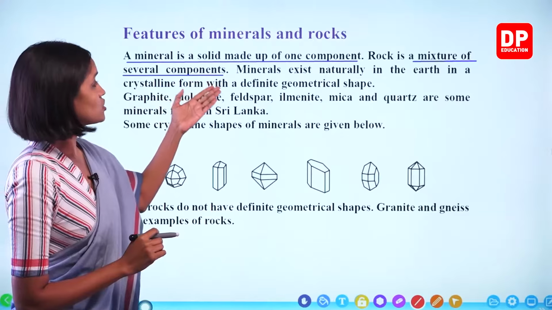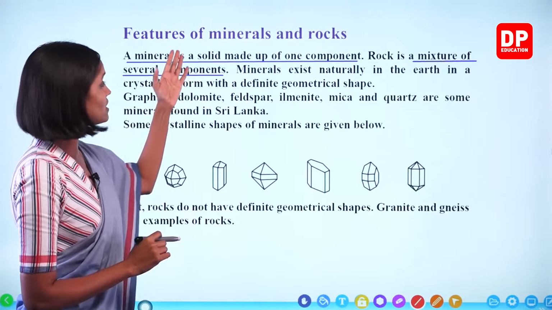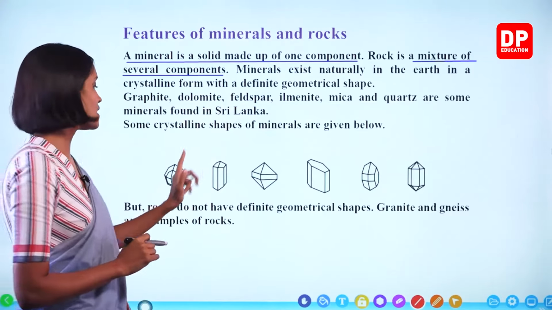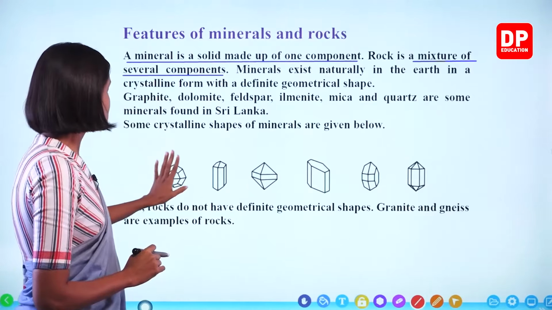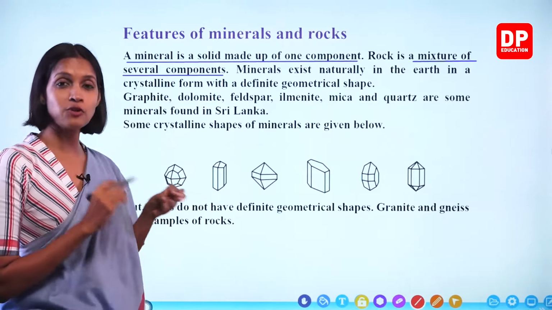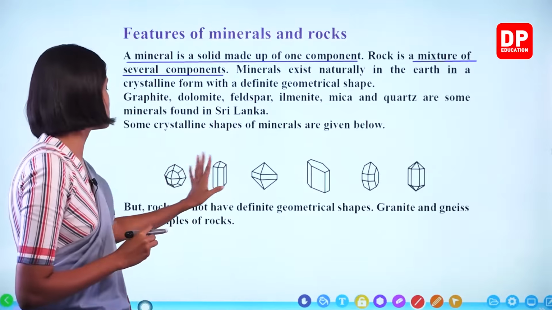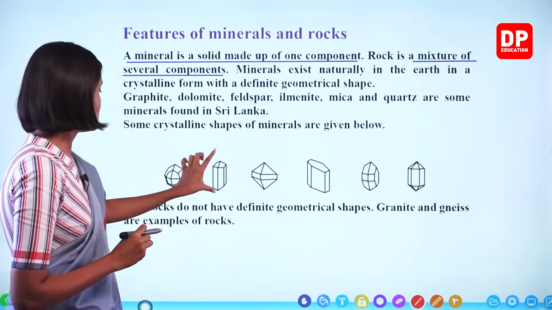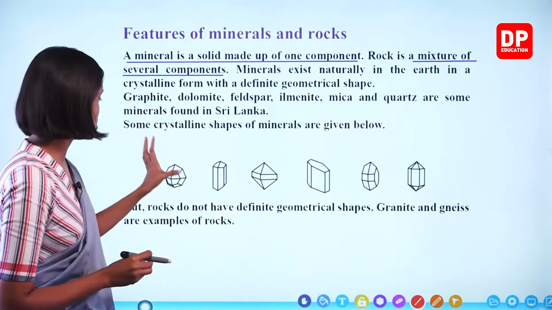Minerals exist naturally in the earth in a crystalline form with a definite geometrical shape. Look at these shapes, children. You all can see now here, minerals present as crystals, children. And those crystals have a geometrical shape. They are different from each other. Right, diamond shape is there.